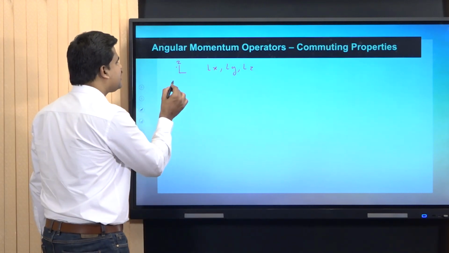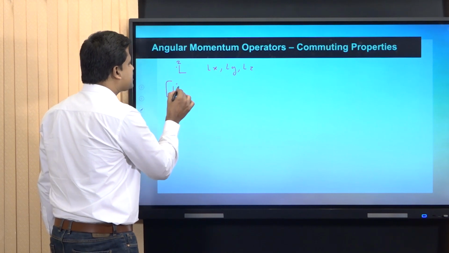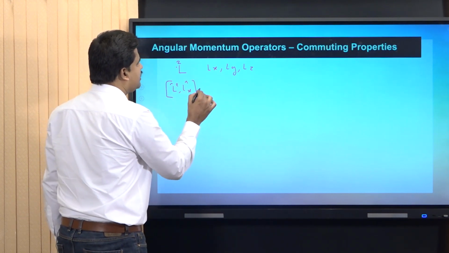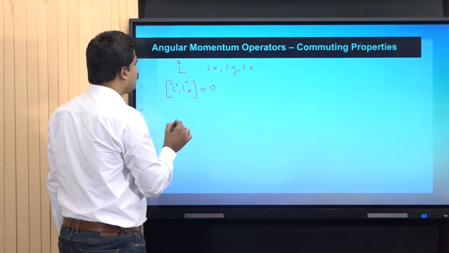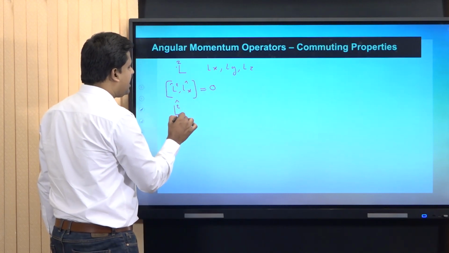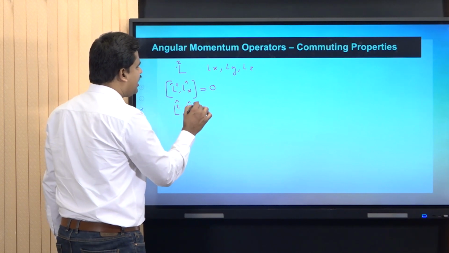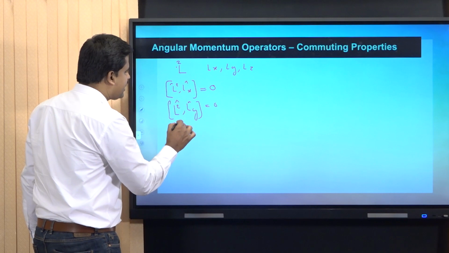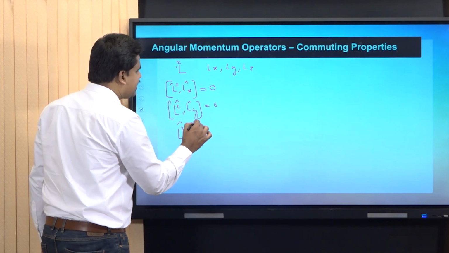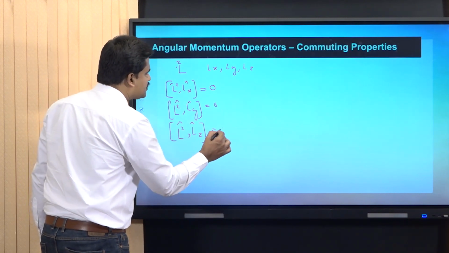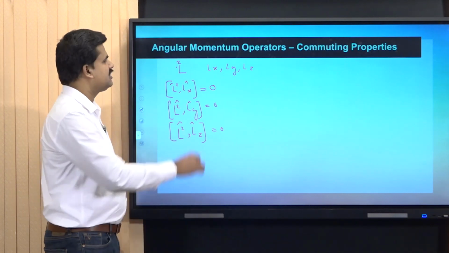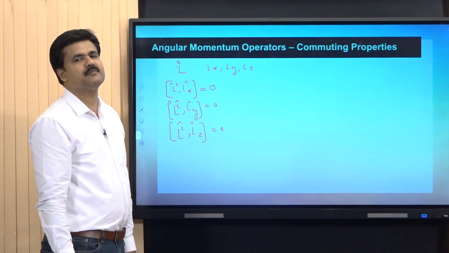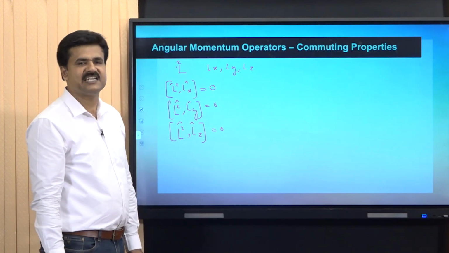That means I can write [L square hat, Lx hat] equal to 0, [L square hat, Ly hat] equal to 0, [L square hat, Lz hat] equal to 0. Their commutator is equal to 0, which means the properties can be simultaneously and precisely determined.